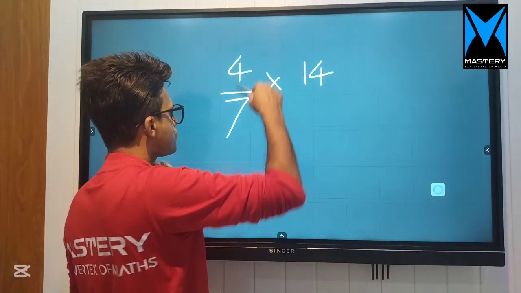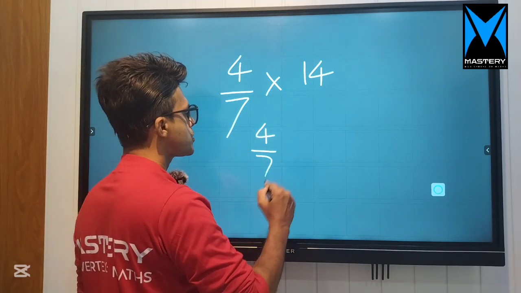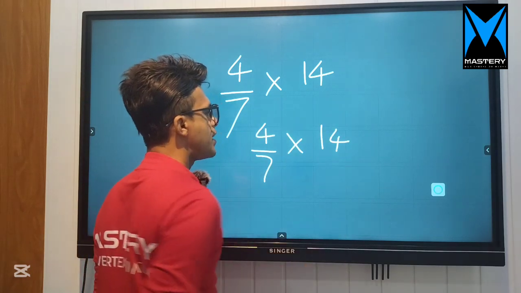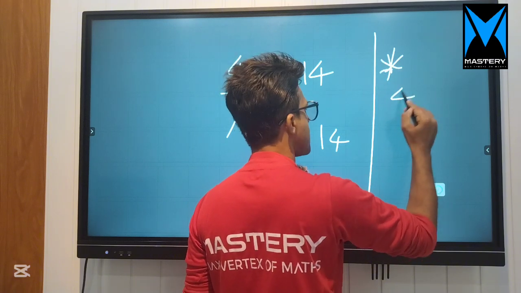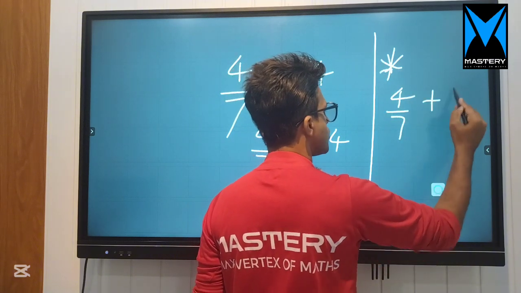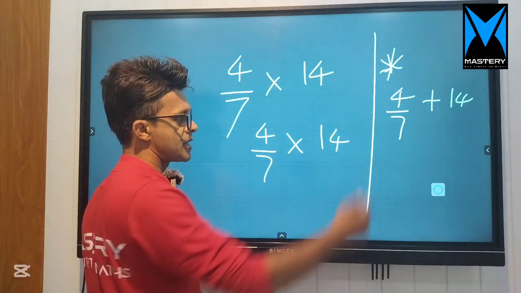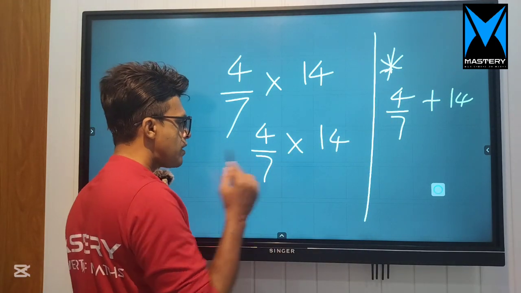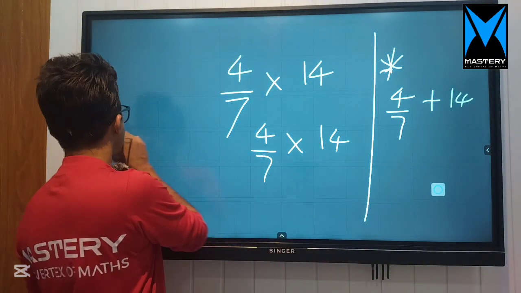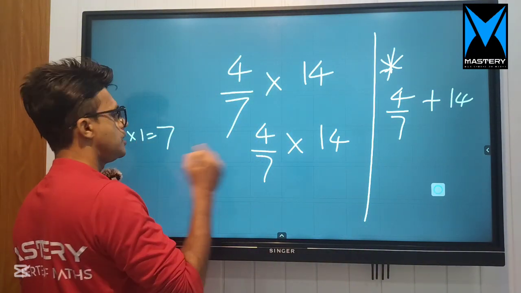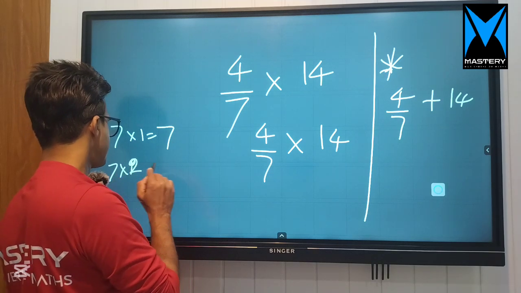When it is multiplied, don't forget, you could use this way, not when it is added. 7 is a multiple of 7: 7 times 1 is 7. 14 is a multiple of 7: 7 times 2 is 14.